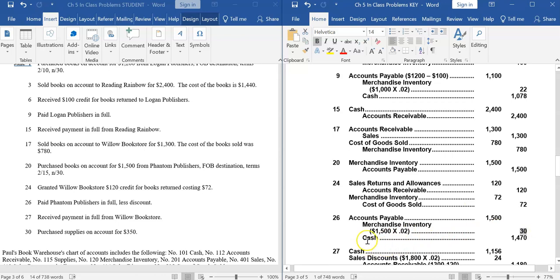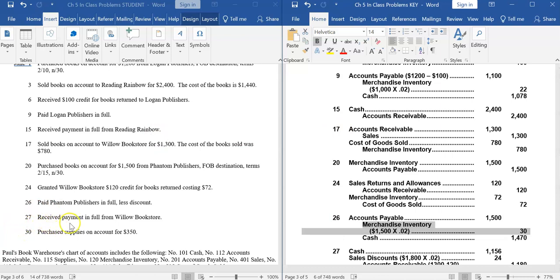That means we only use cash, $1,470, credit cash for the amount of cash used to pay off that liability. We have to adjust our inventory for the amount of the discount because this is inventory we purchased, and we want the cost of the inventory that we have recorded in the ledger to reflect its actual cost. So we will decrease our inventory by $30 with a credit.